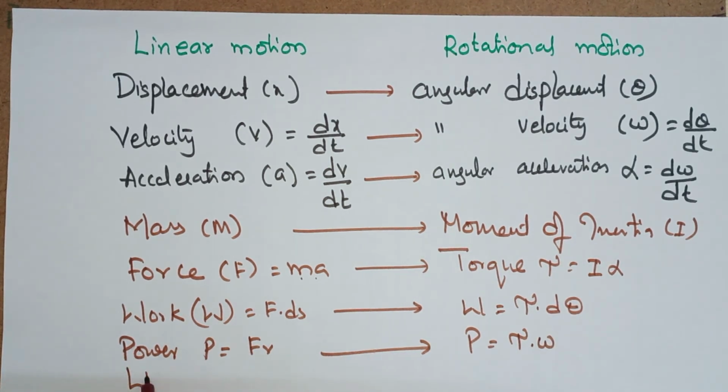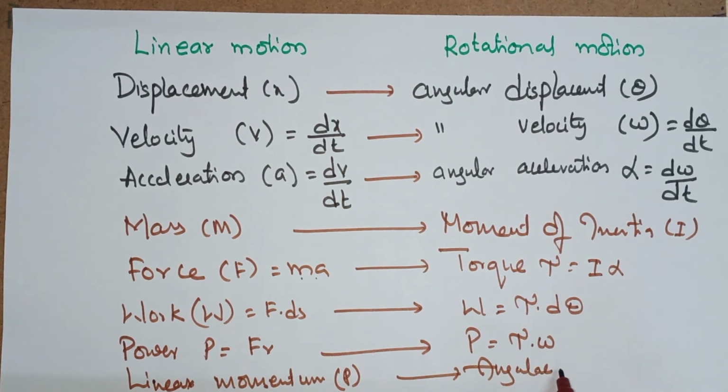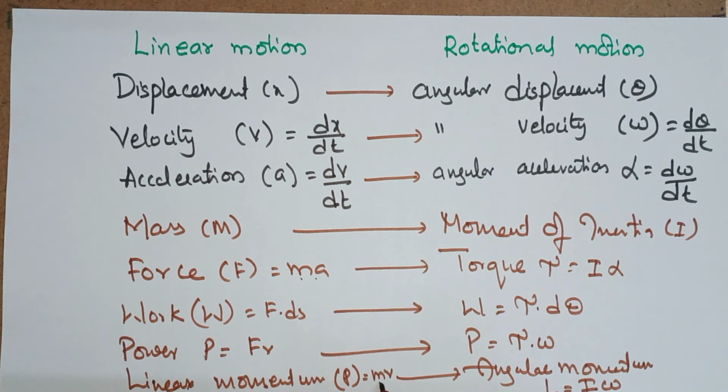And linear momentum P becomes angular momentum L, which is equal to I omega, just as P is m into V, with I for m and omega for V.